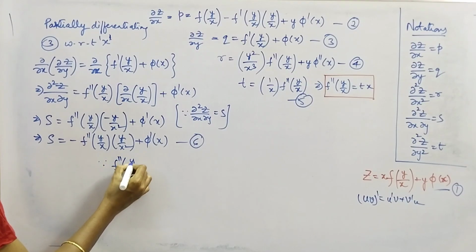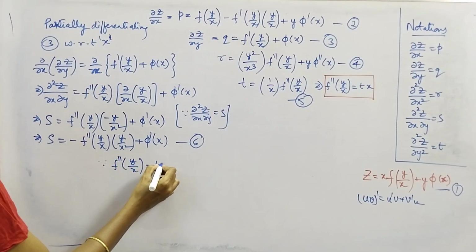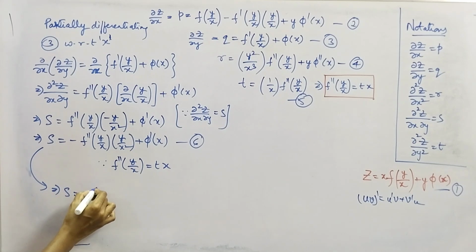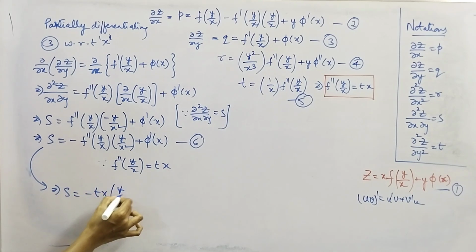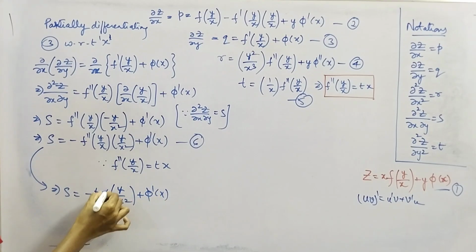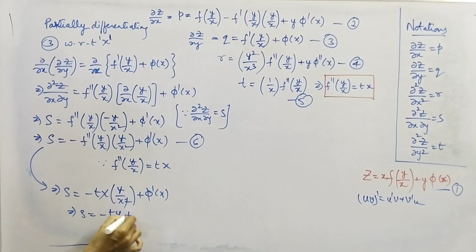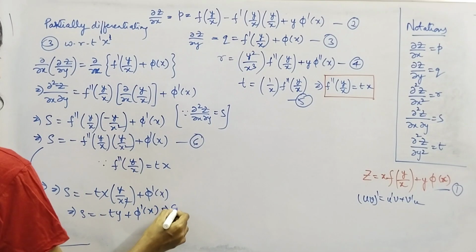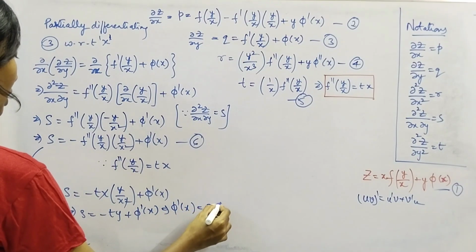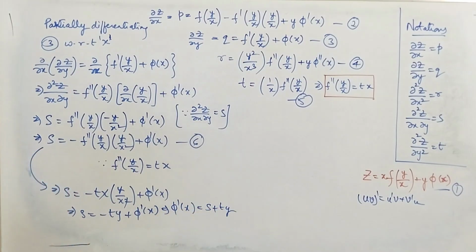Since f double dash of y by x equal to tx, this becomes s equal to minus tx into y by x square plus phi dash of x, where one x gets cancelled, and you'll get s equal to minus ty plus phi dash of x. From this we can find the value for phi dash of x. Phi dash of x equal to s plus ty.